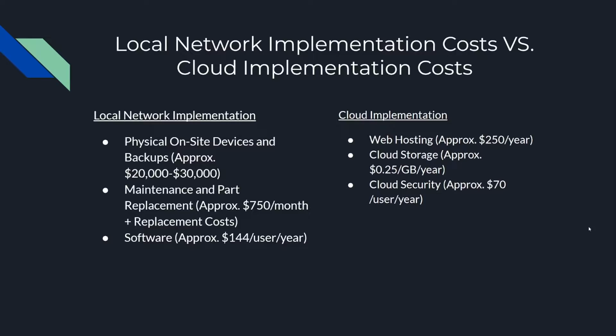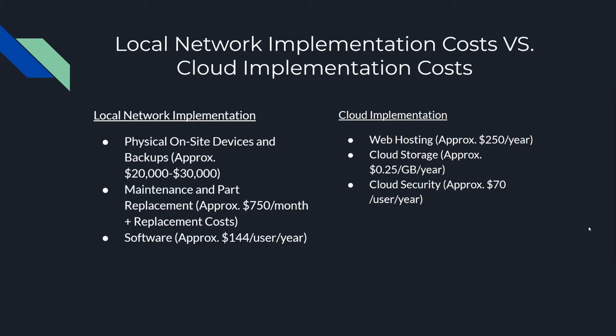Now, getting down to costs within network and cloud implementation. Network implementation, as I said before, is significantly more controllable, but does also cost significantly more. The costs of physical on-site devices and backups is a significant initial price that is also compounded by maintenance and part replacement costs, and the software that is required to manage all of the data.